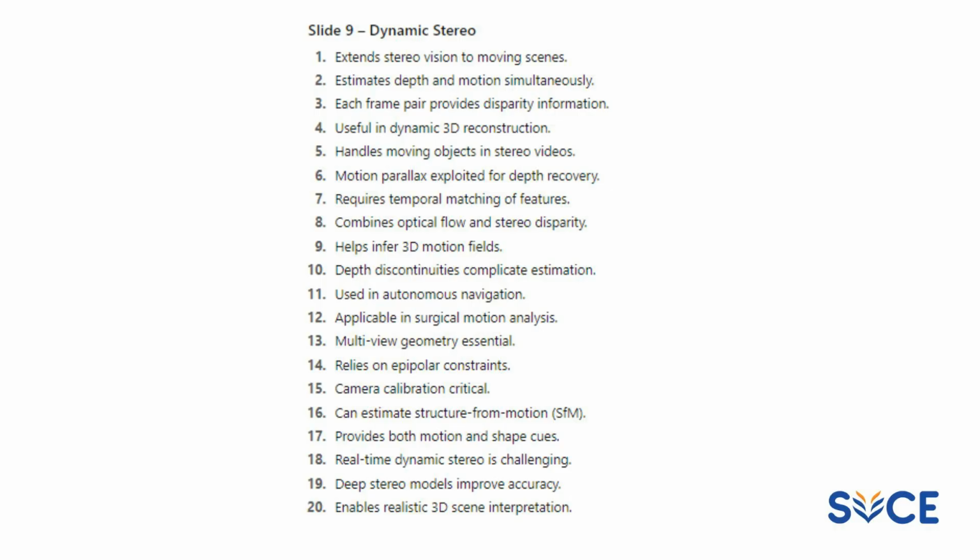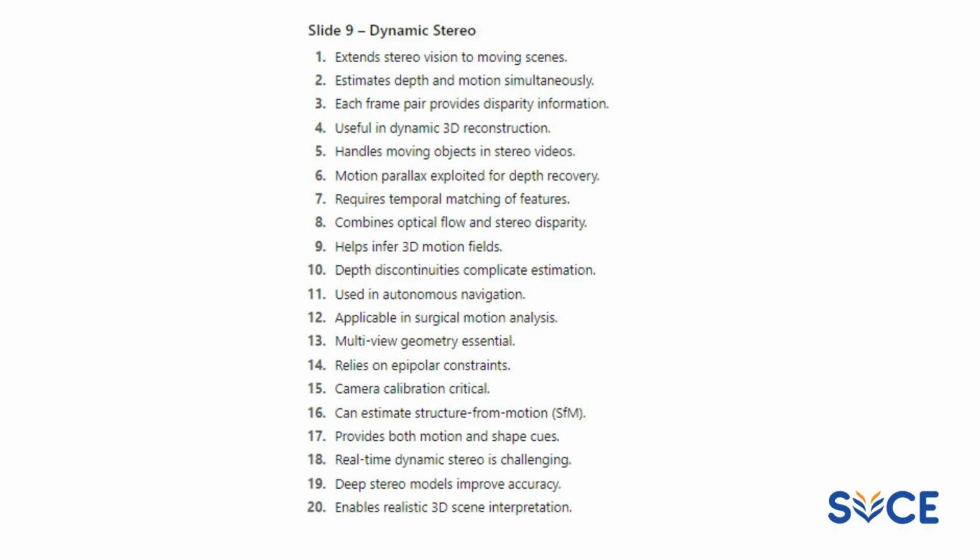Here, first we have to see the static one, that is stereo vision. It uses two or more cameras to compute the depth by finding the correspondence between the images. Example: measuring the distance of stationary objects using the left and right camera images.